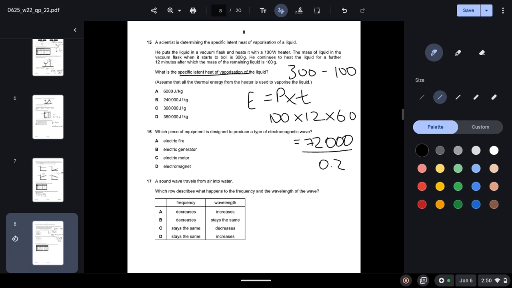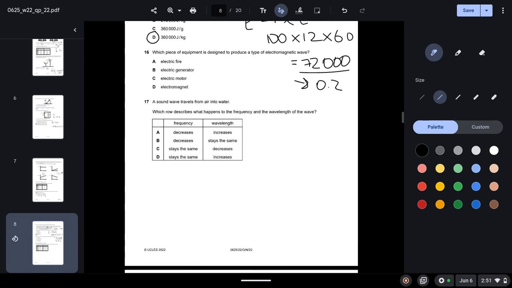Initially the water was 300 grams, then it became 100 grams, so it lost 200 grams, and it took 72,000 joules to boil 200 grams. So you convert grams into kilograms here, and then you get the answer 360,000, which is D. So here it is essential that you convert grams into kilograms or you will get the wrong answer.